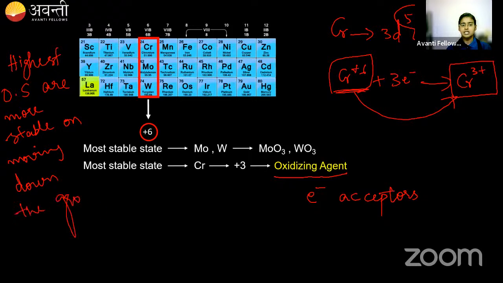Higher oxidation state becomes more stable on moving down the group. So this is the very important point you have to keep in mind. The chromium is not more stable in their highest oxidation state, but molybdenum and tungsten are more stable. Okay, completed.